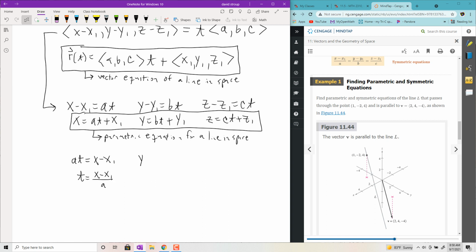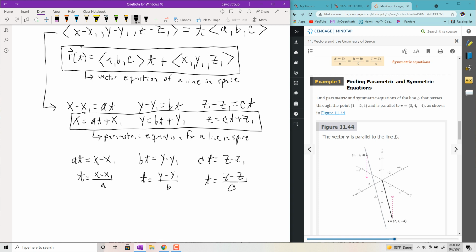And then from the second equation, bt equals y minus y1, so solve for t: y minus y1 all over b. And then, of course, the third one, ct equals z minus z1, so t equals z minus z1 all over c.